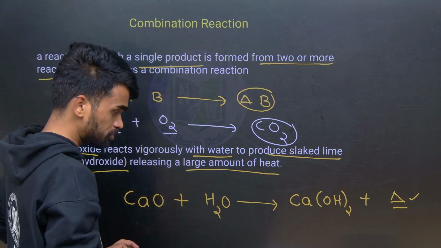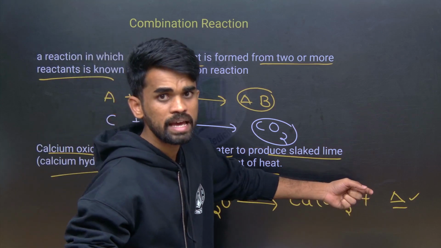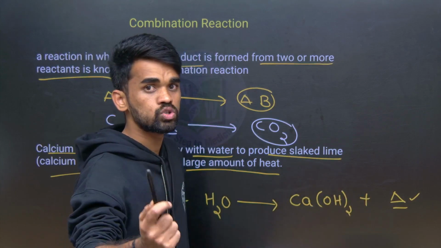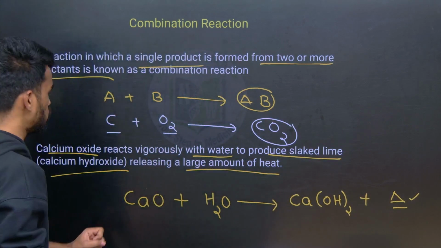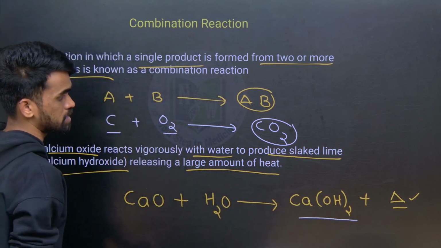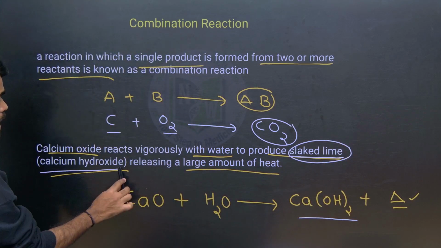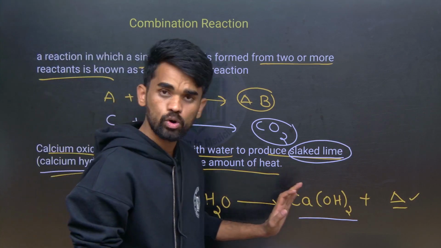When heat is released in a reaction, we say it is an exothermic reaction. The substance Ca(OH)2 formed is slaked lime, or calcium hydroxide. I hope it is clear.